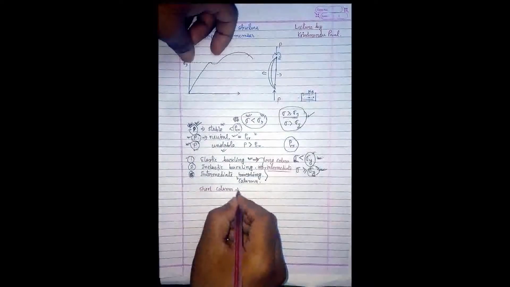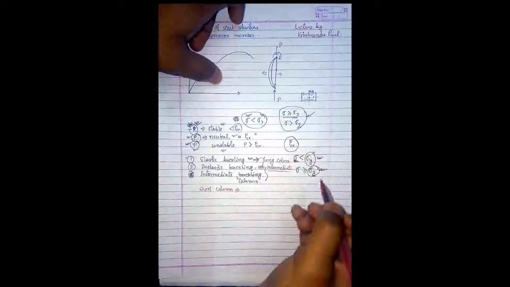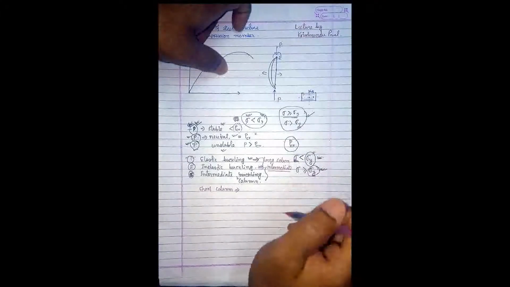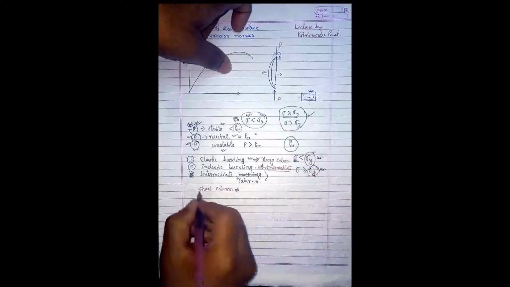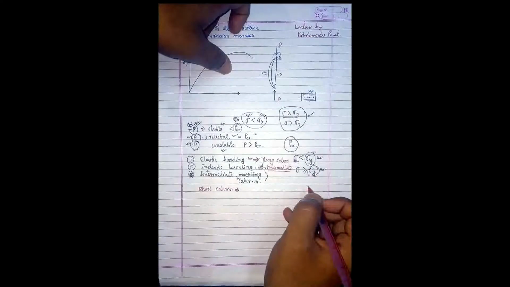So in a short column, if the height is very small and we apply some loads, there is very little chance that the member will buckle.